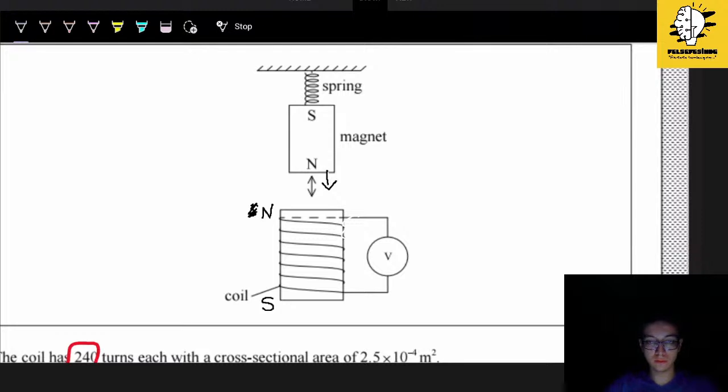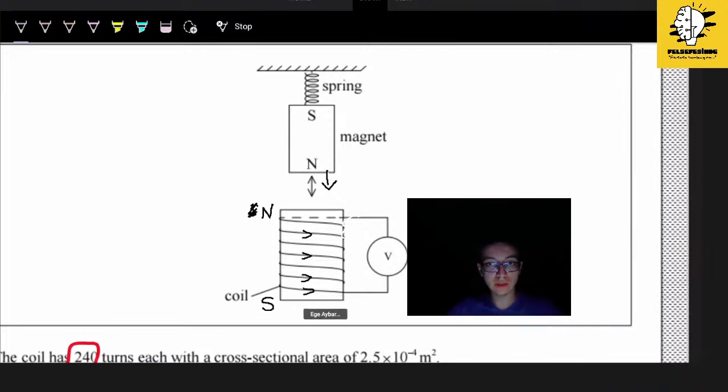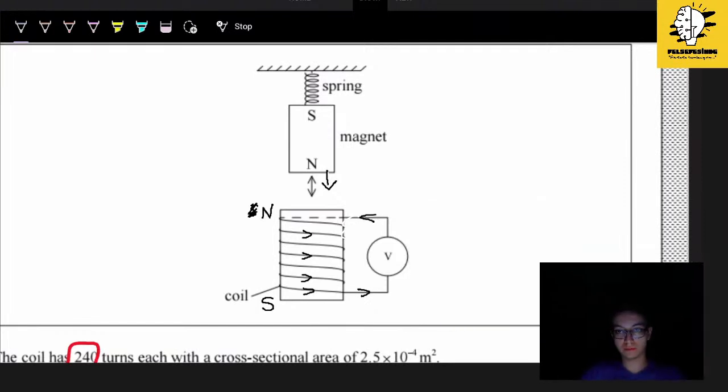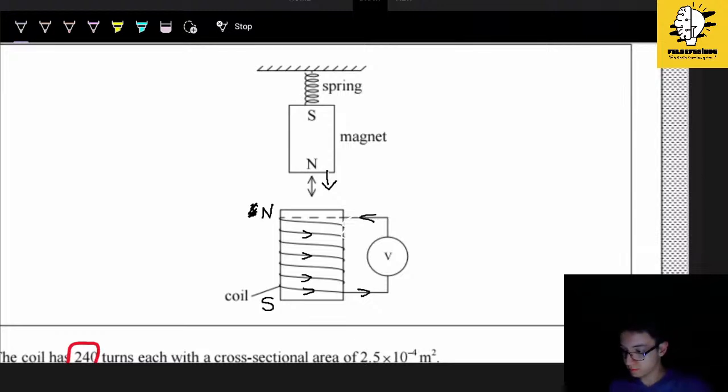And your four fingers will show the direction of the current, which will be like this. While you are explaining it, I will just show it like this, guys. Since my image is mirrored, you can see it. And he actually answered the second part.